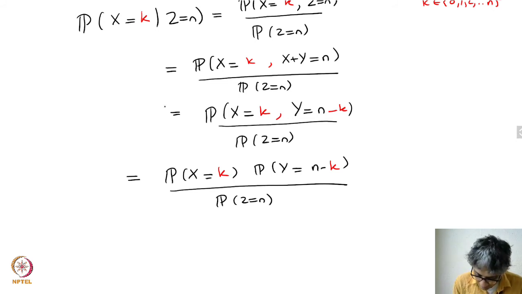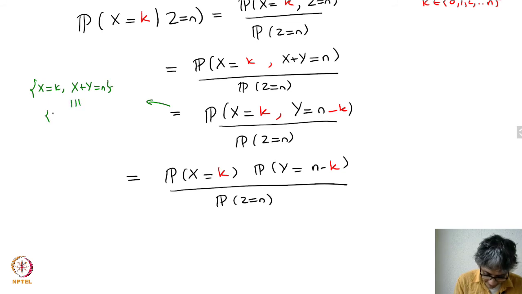In this step, what have I done? I've used the fact that the event X plus Y equal to n is the same event as X equal to k and Y equal to n minus k. And here I've used the fact that they are independent.